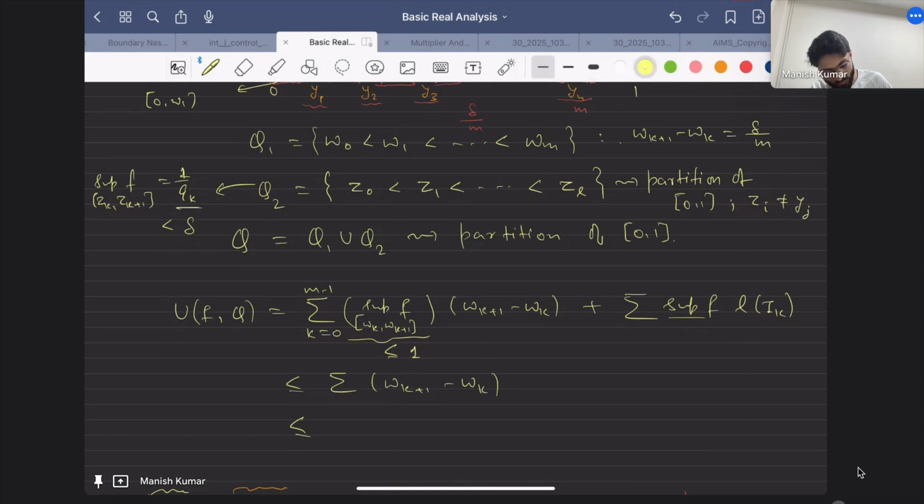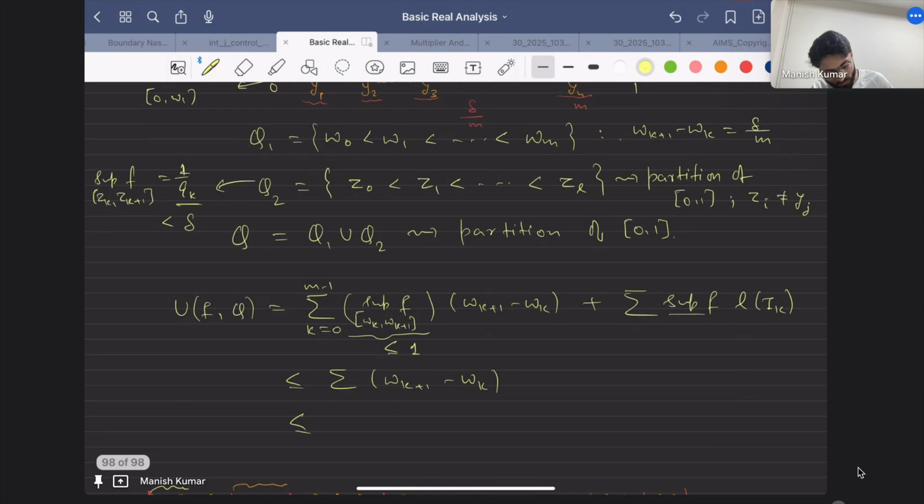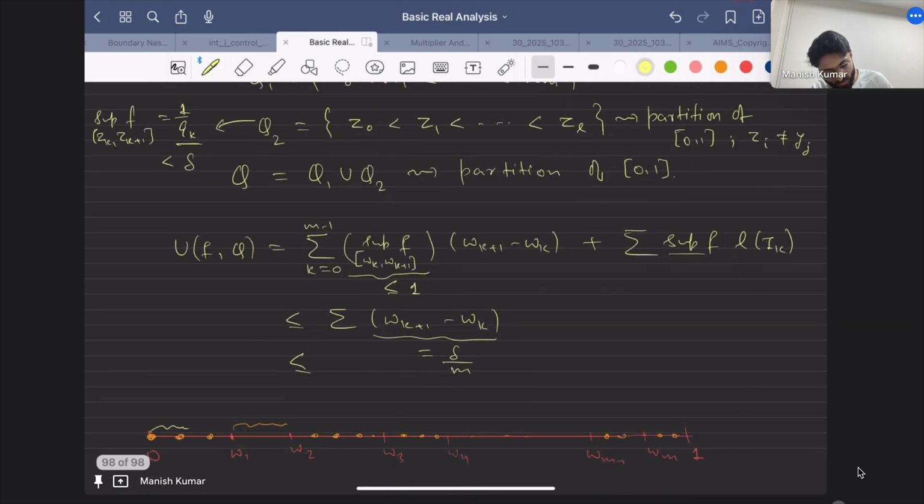Now I know that this thing is equal to delta by m, and this is being added m times, for k from 0 to m minus 1, and then this is equal to delta. This part is easy to get. Here I am using the fact that the interval I am making is very small, and that ultimately gives me that this summation is small. Now we have to think of the other part where the function is very small.